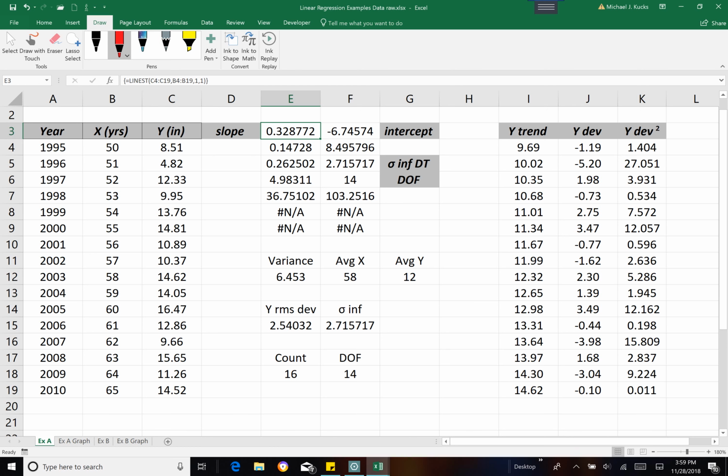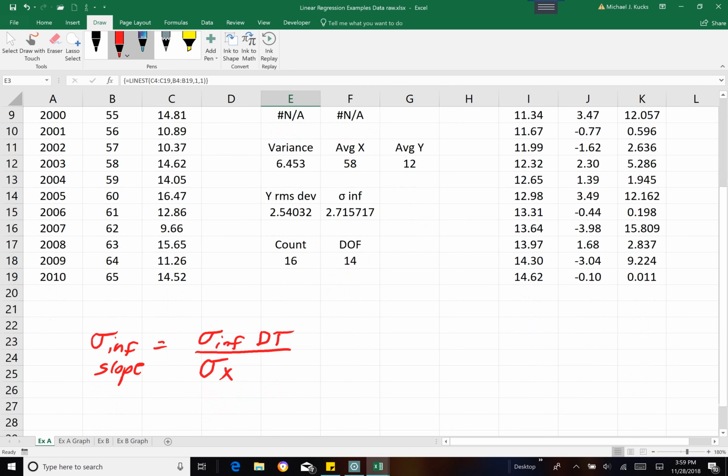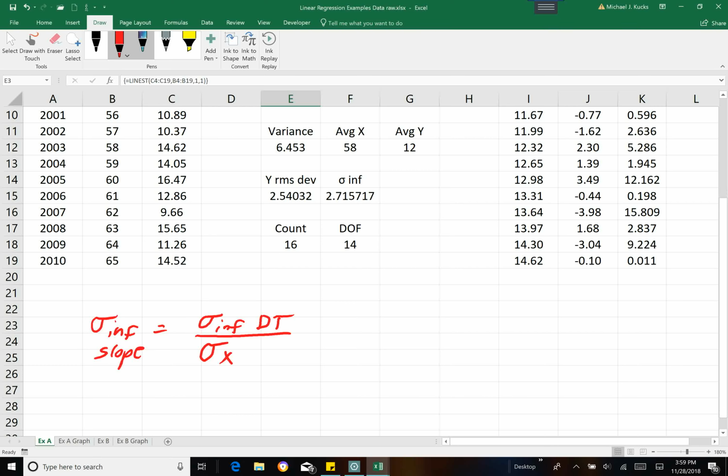Since I chose these independently, I'm assuming that this is the only population of information I'm interested in in terms of the x values. This is the population of data in terms of the x numbers, and there's no uncertainty in those. So instead of saying that this is a sample of a larger population and I'm going to have to infer something about the standard deviation of the population, that's not the case.